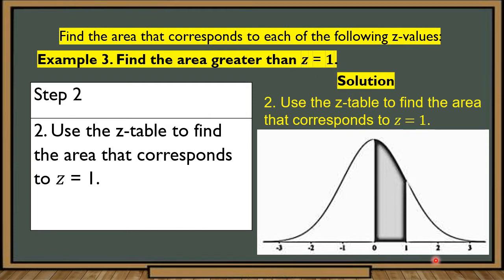So kailangan lang natin hanapin yung value first ng z equal to 1. So again, when we are looking for an area for a certain z value, that means that we are looking in the area from the mean, which is 0, up to the given z value. So this shaded region is what we are looking for.